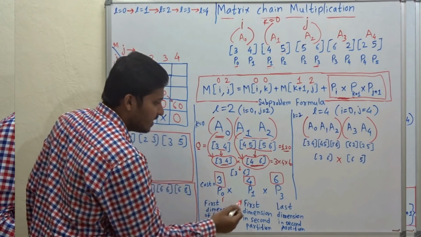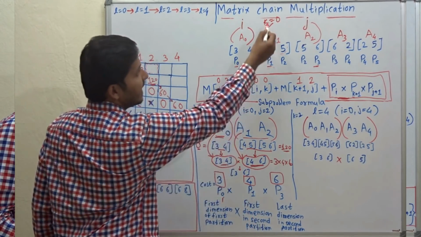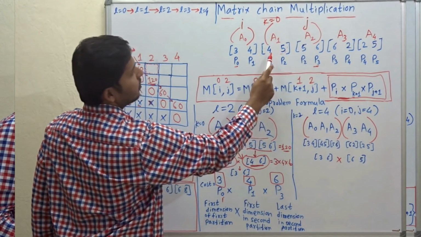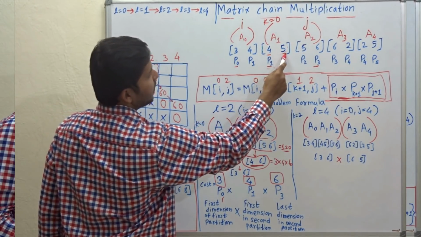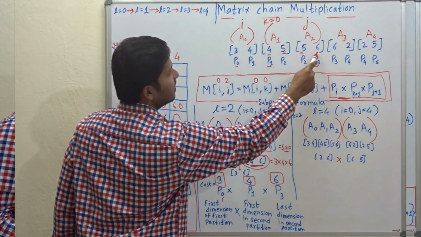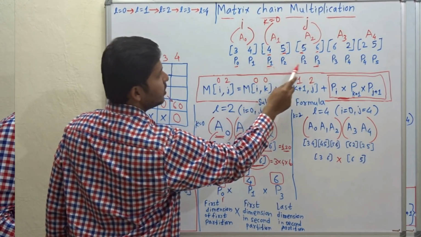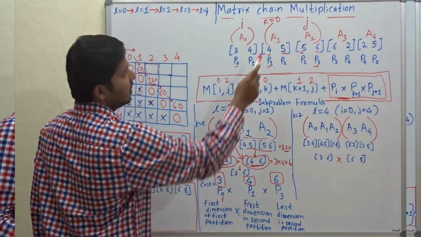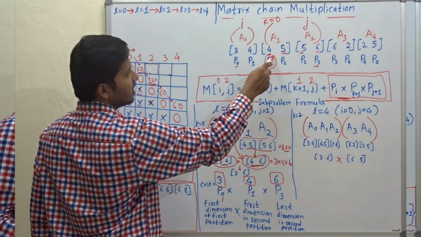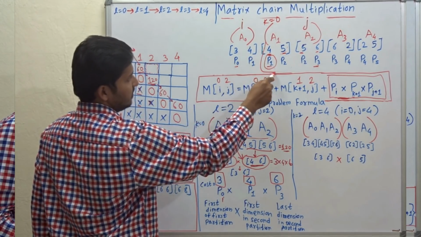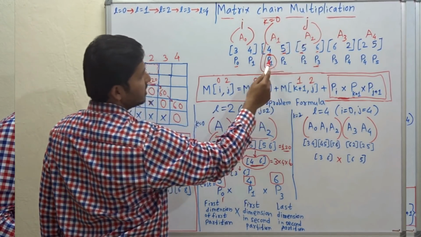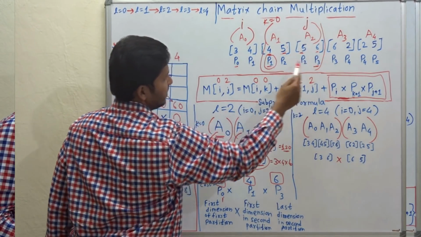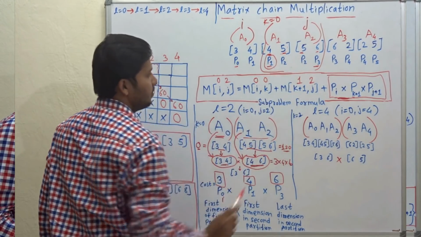So we can say that it is the first dimension in the second partition. See, in the second partition, what are the dimensions? 4, 5, that is common, and 6, meaning P1, P2 and P3. So P1 is the first dimension in this second partition out of P1, P2 and P3.